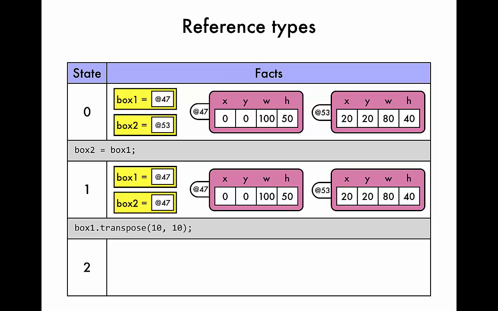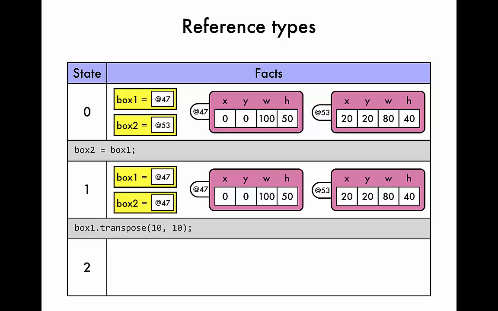As a result, both box 1 and box 2 reference the exact same rectangle on the heap, the rectangle with coordinates 0, 0 and dimensions 150. Another way of saying that is that box 1 and box 2 are aliases for that rectangle.